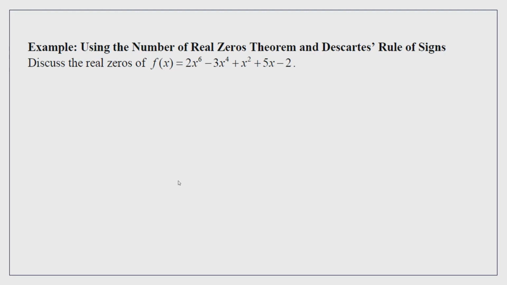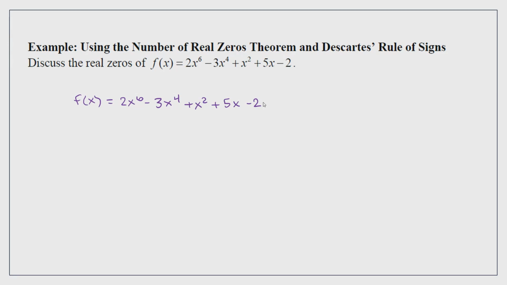So when you're using the Descartes rule of signs, I recommend identifying your positive real zeros first and then your negative. So to find the positive real zeros, we're going to take our function f of x. I'm going to write it out here. 3x to the fourth squared plus 5x minus 2.